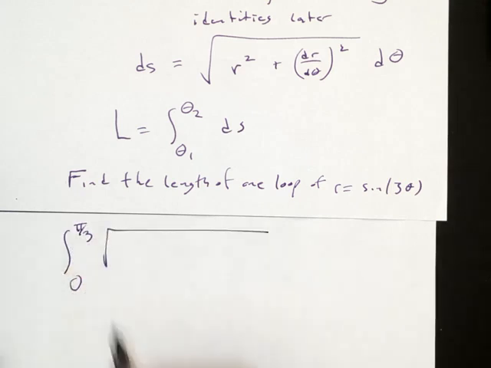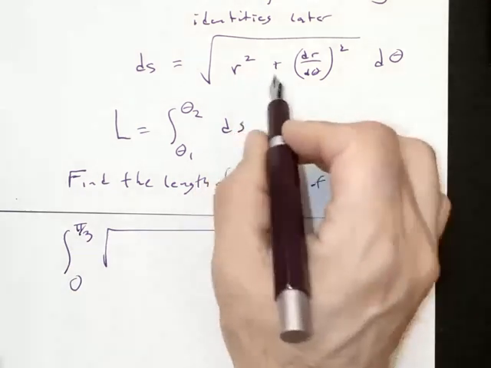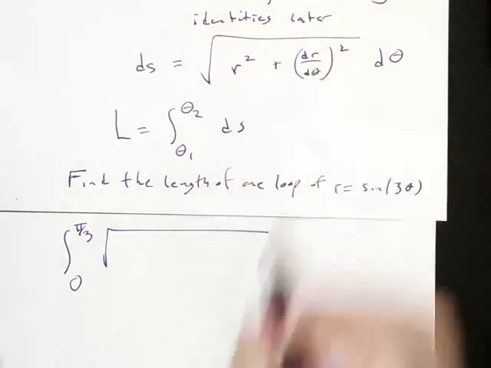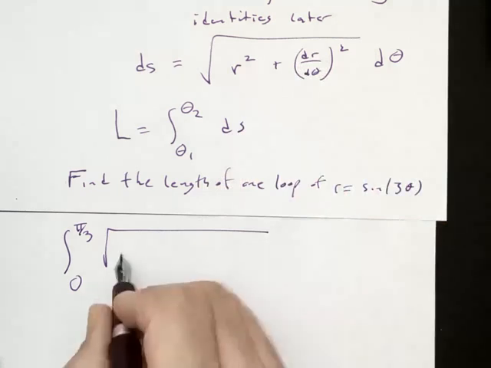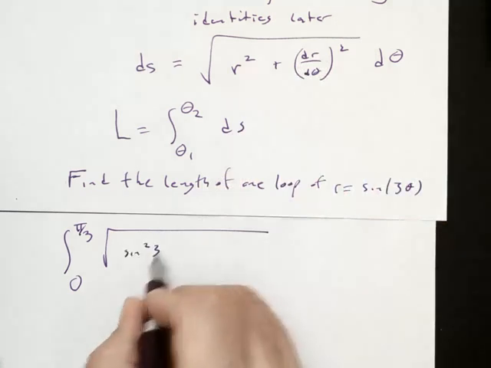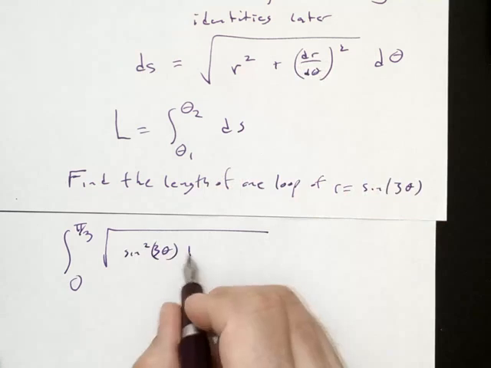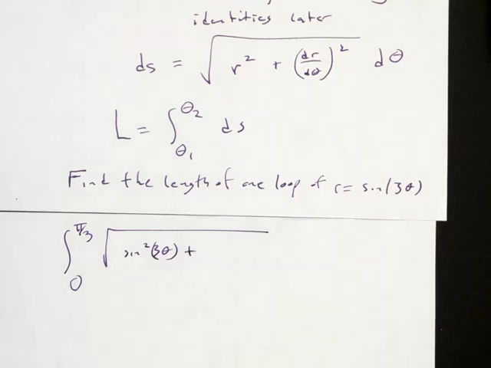Here's the problem part. R squared plus dr d theta squared. R squared is sine squared 3 theta. What's dr d theta?